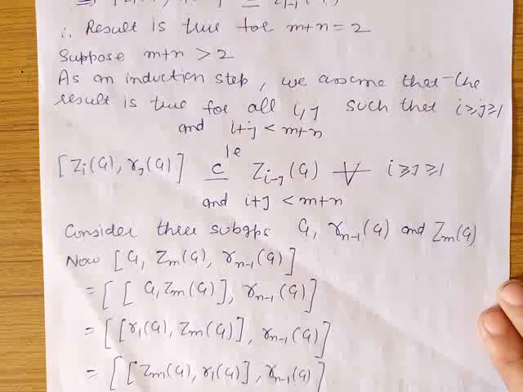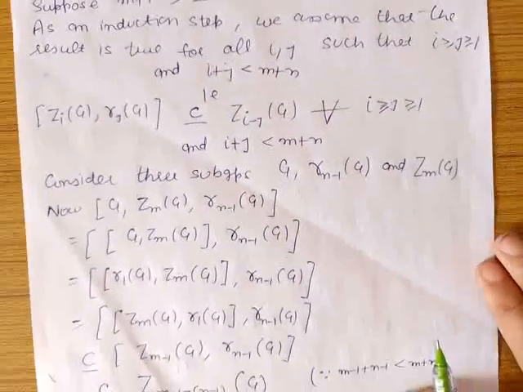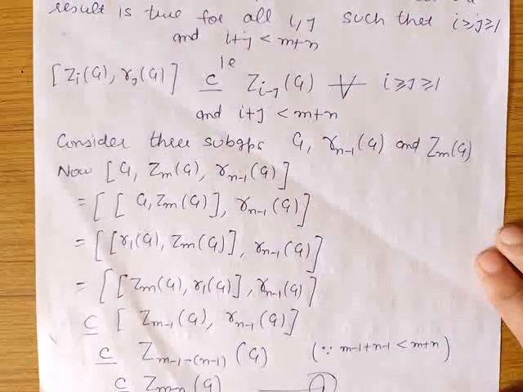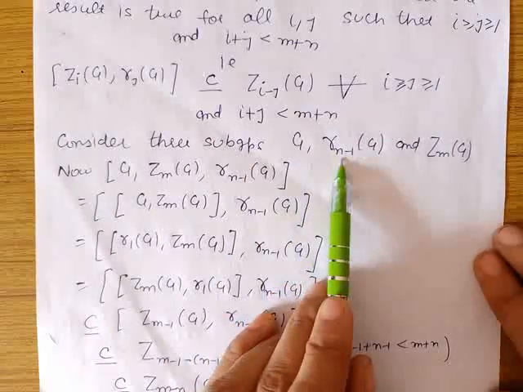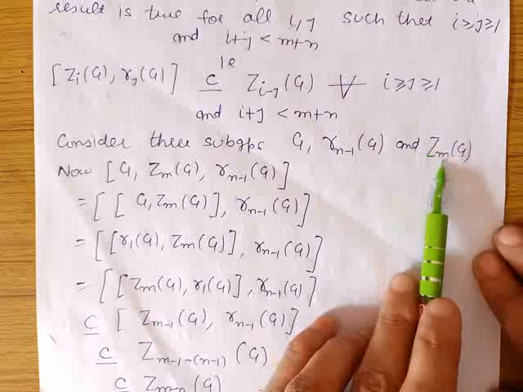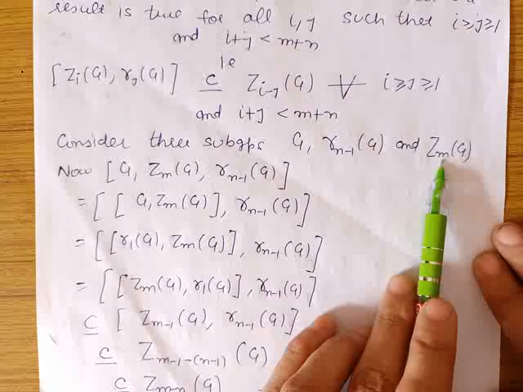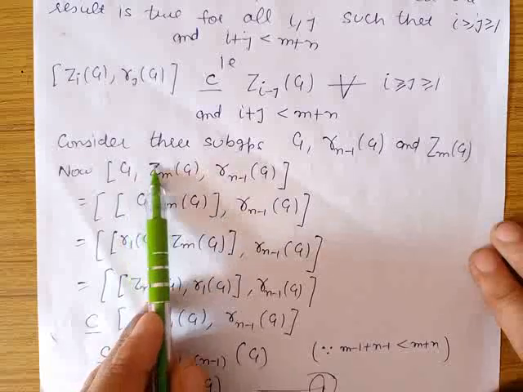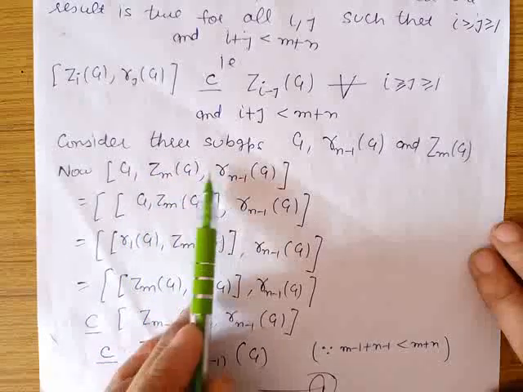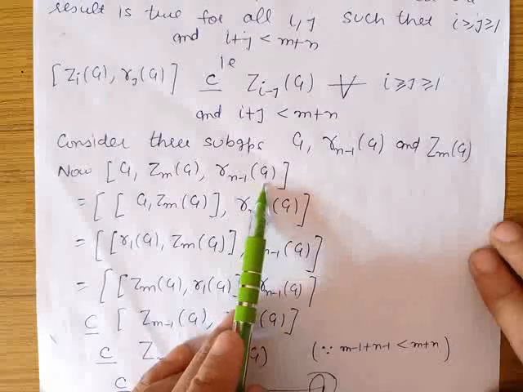Now again we are to use three subgroups lemma of P Hall. So let us consider three subgroups of G. First one G, second gamma n minus 1, and next Zm. Now let us find the commutator of G, ZmG and gamma n minus 1 G.